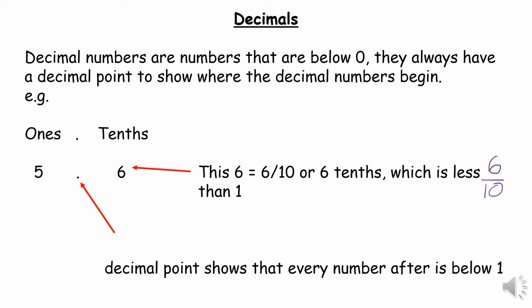Now this is where the fractions start coming in. So this 6 equals 6 over 10, or 6/10, which is more than half. If you ever see 6/10 written like this, it means 6 over 10. I'm going to write that down for you here so you can see what it looks like. 6 over 10.